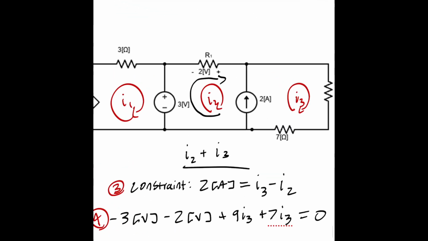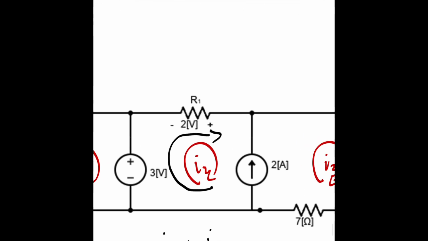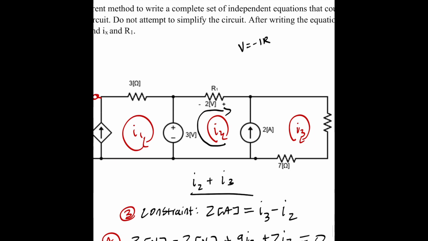But here's where you need to be careful. Because like we talked about yesterday, we have a current, I2, that is entering the negative terminal of the voltage value, which puts us in active sign convention, which still applies for mesh currents. Whenever you're in active sign convention, you have to use negative Ohm's law. So that's exactly what we're going to do.